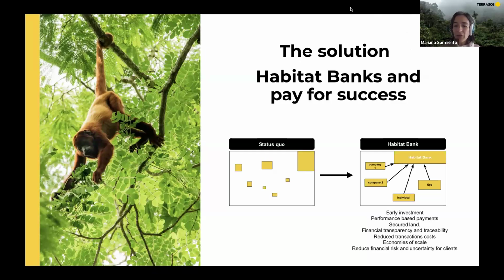Here we have early investments. Payments are only delivered once outcomes are achieved. Land is secured for 30 years. There are structures that ensure financial transparency and traceability, reduce transaction costs for everybody, can generate economies of scale, and reduce the financial risk and uncertainty for those who pay.